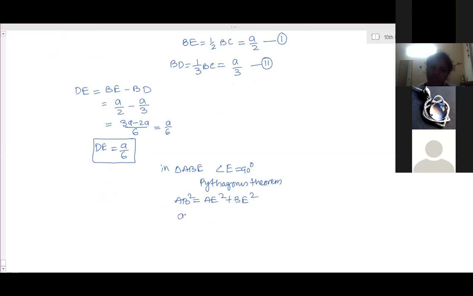AB square is A square, is equal to AE square plus this is (A by 2) whole square. So A square minus A square by 4 is equal to AE square. So 4 minus 1, that is 3A square by 4 is equal to AE square.